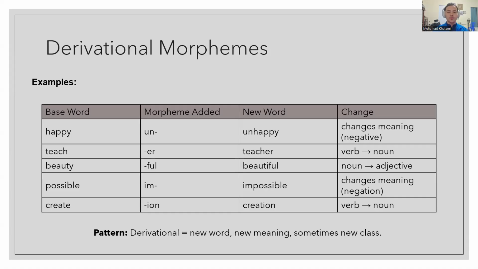Creates a new word that is impossible, which changes the meaning into negation or the negative. Also, the last one is the root word create with the added morpheme of ion, creates the new word of creation and changes the verb of the root word create into a noun.